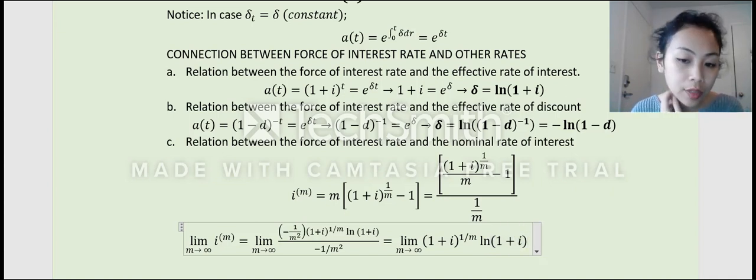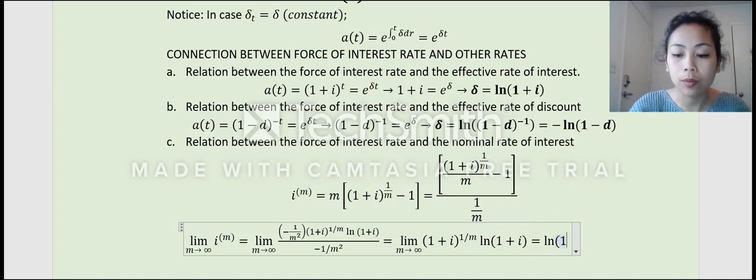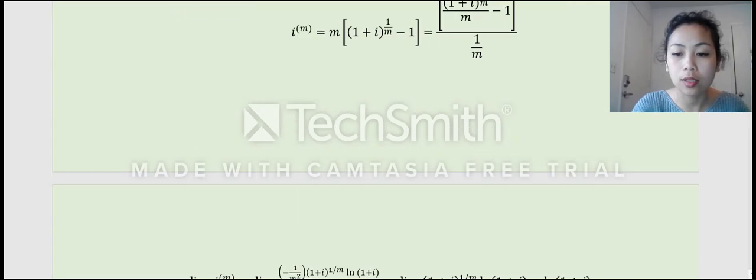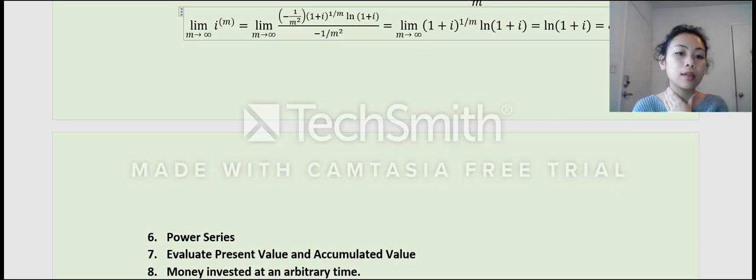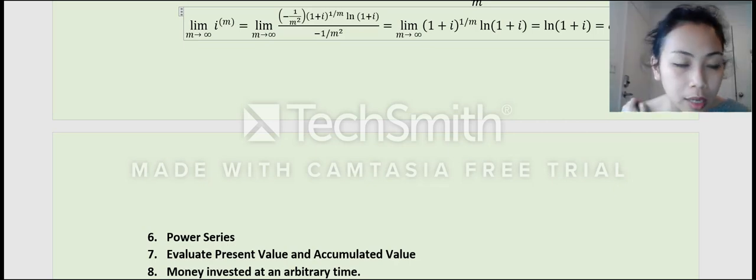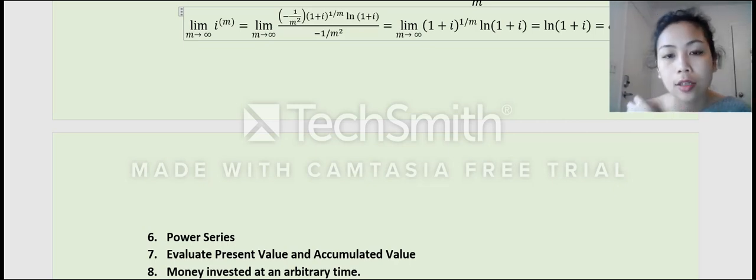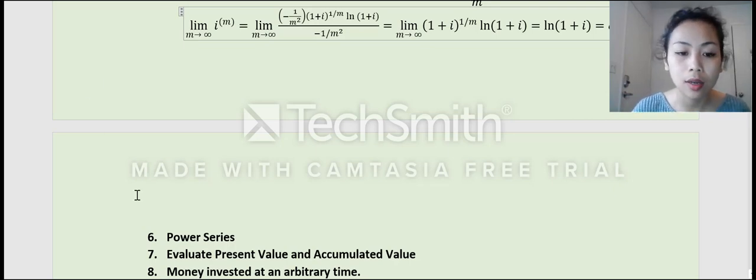And when m goes to infinity, 1 plus i to the 1 over m goes to 0. So this is equal to the natural log of 1 plus i, which is exactly delta. So you see that the limit of the nominal rate when m goes to infinity is the force of interest rate.